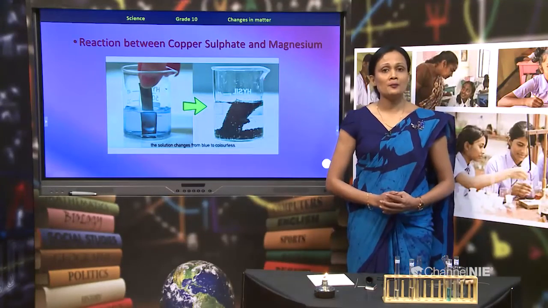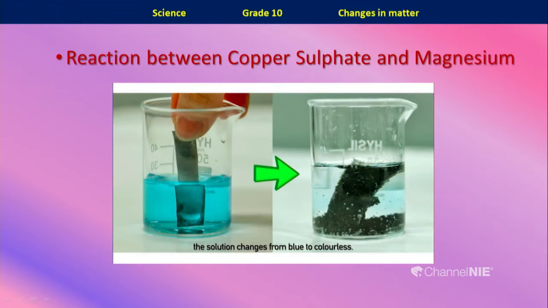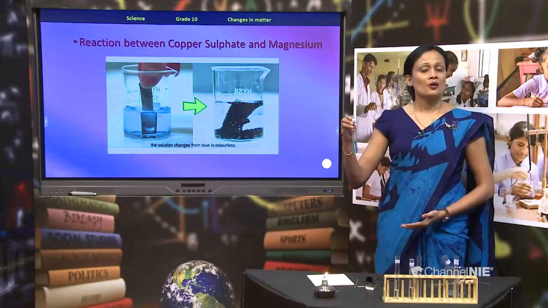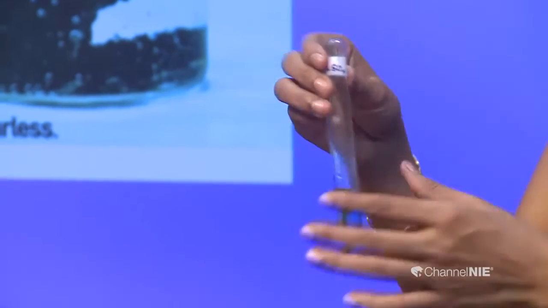Here I am going to add a magnesium strip into copper sulfate solution. Okay, look at this one. Here I have copper sulfate solution in a test tube.